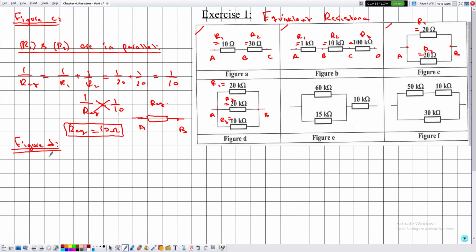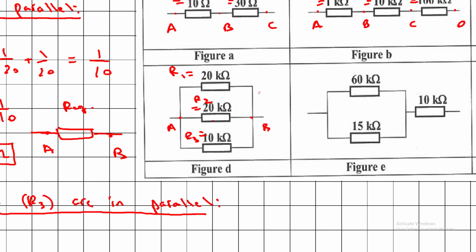Why are they in parallel? Because three resistors have two terminals in common.